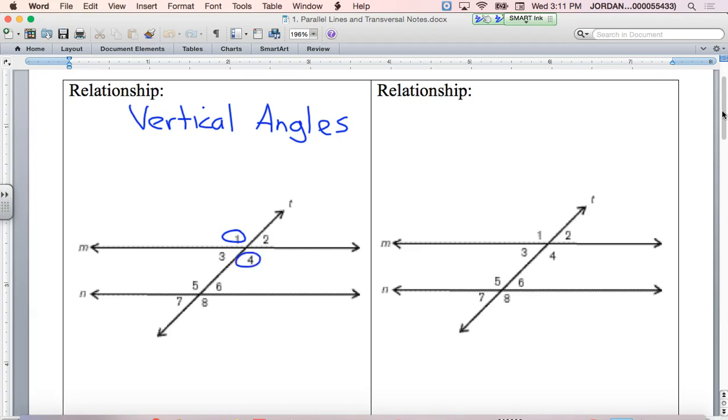And then you also have angle 2 and angle 3. So we can list those down here at the bottom below. We say angle 1 and angle 4, and we have angle 2 and angle 3.